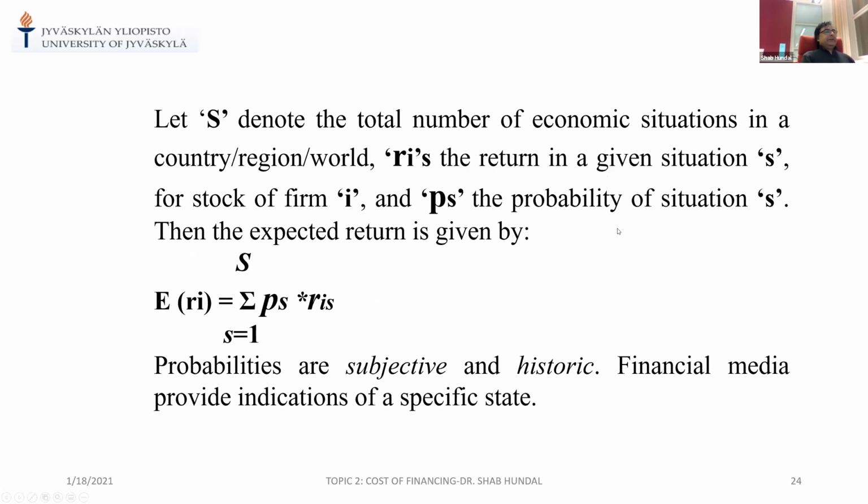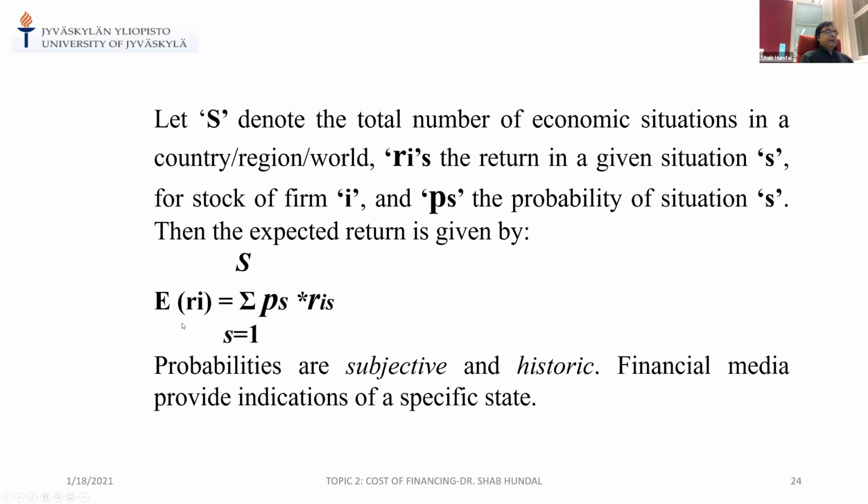Let S denote the total number of economic situations in a country, region, or the world. It's more like a disclaimer. And R_i is the return in a given situation S from the stock of the ith firm, and P is the probability of a situation.